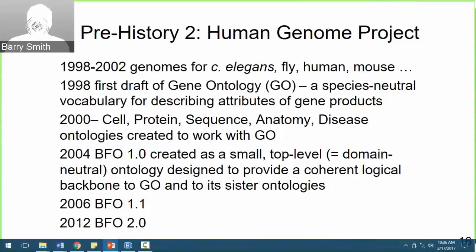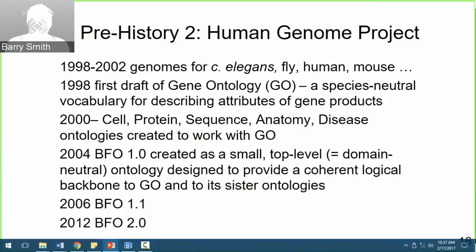Now, it grew, as I said, out of the Human Genome Project. In prehistory 2, there was a slide which I hid to save time, which I'm now wasting again, which is prehistory 1, about DAML, DARPA, OWL, and the semantic web. This tradition of ontology development was parallel to the semantic web tradition, and they gradually merged with each other in about 2008.